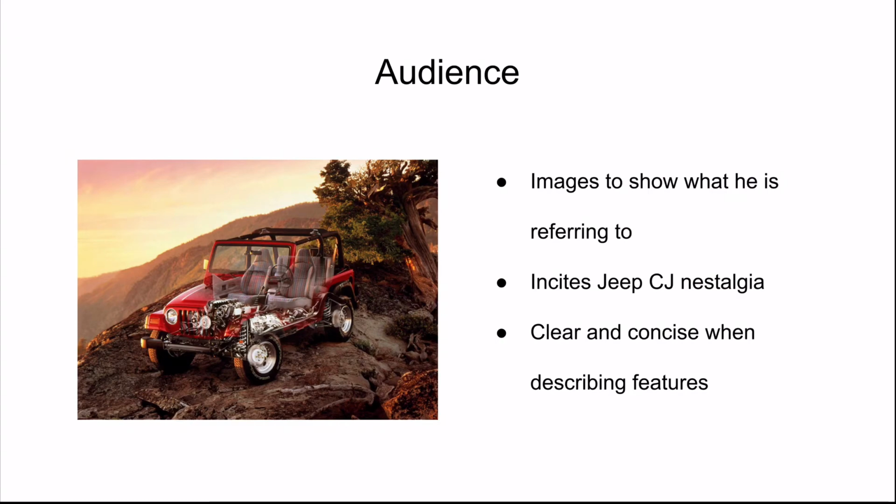Perhaps the most important feature of Gilligley's appeal is that he caters to his audience. Gilligley has considered the fact that many members of his audience may learn better with the addition of images, and so he includes them in his argument, along with text and numerical values, all of which serve to exemplify his argument about the CJ. Pictures of the CJ and TJ next to each other help the reader to understand the differences between the two.